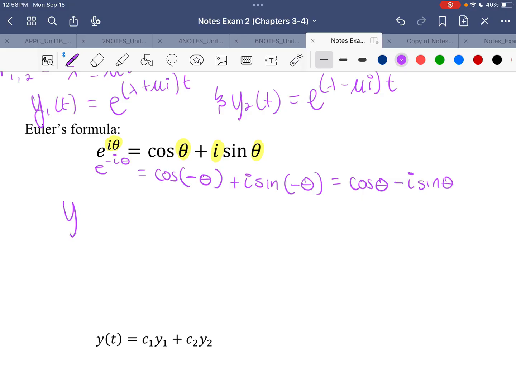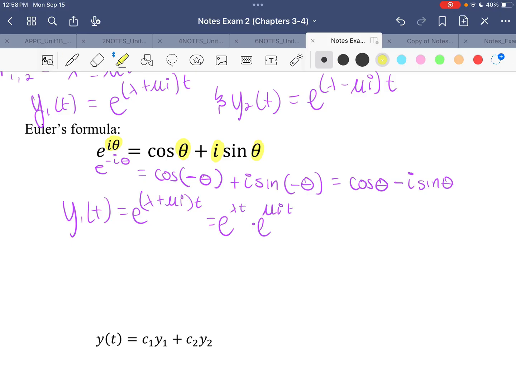Our y1 was e to the lambda plus mu i t. It's like e to the lambda t times e to the positive mu i t.